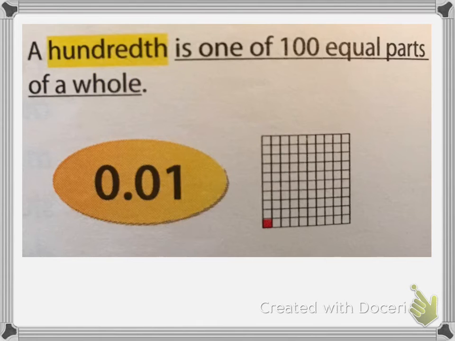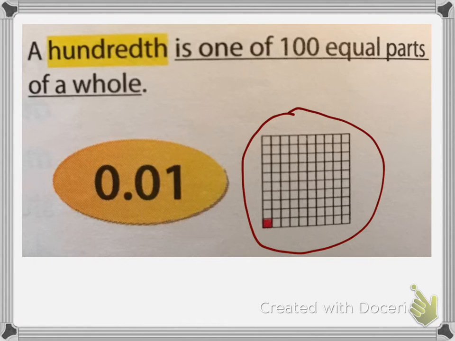A hundredth is one of 100 equal parts of a whole. So here's our model, and it's broken up into 100 little pieces, and only one is colored in. So as a fraction, this would represent 1/100.